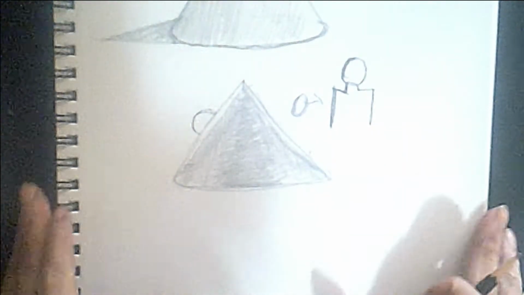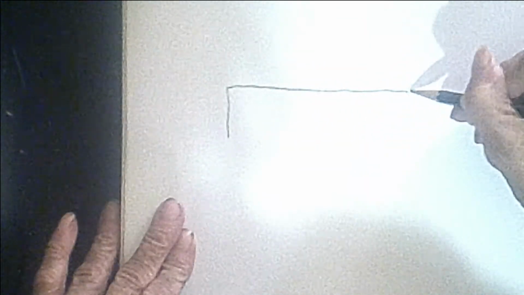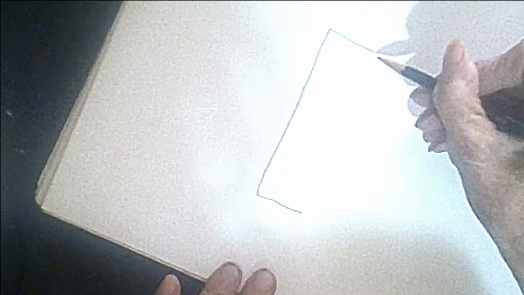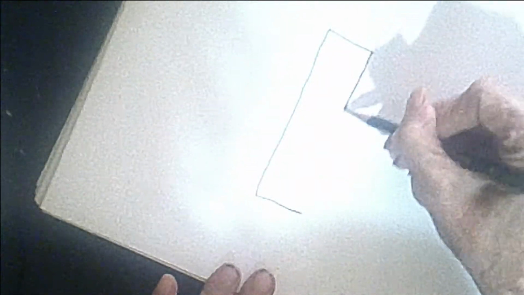Now let's draw another little shape here. Let's draw a little T shape, see what we come up with. Alright, we're going to draw a rectangle. Then we'll draw our base.